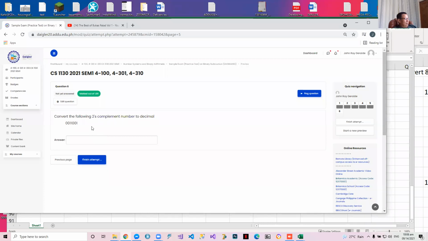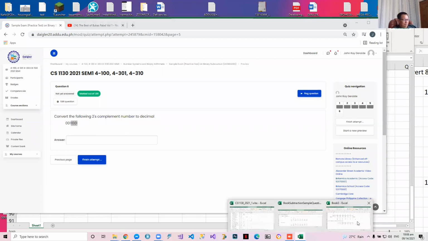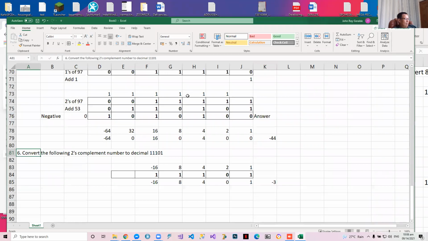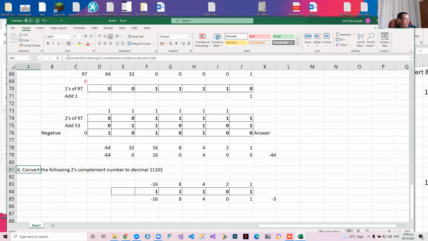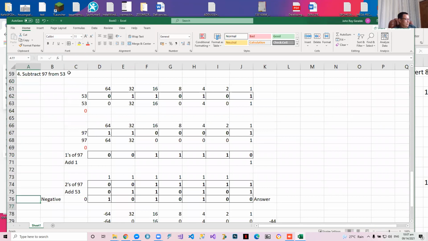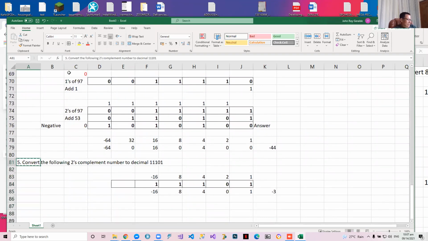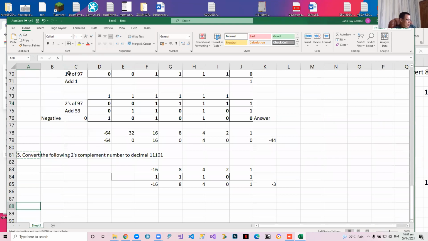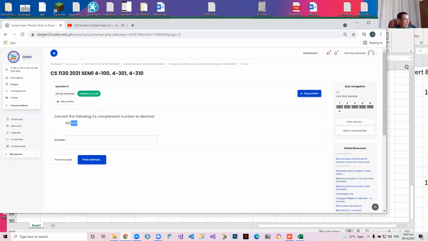Now we have the same, but this time number 7. It's number 6, the last item. But what's the value? 0, 1, 0, 0, 1.